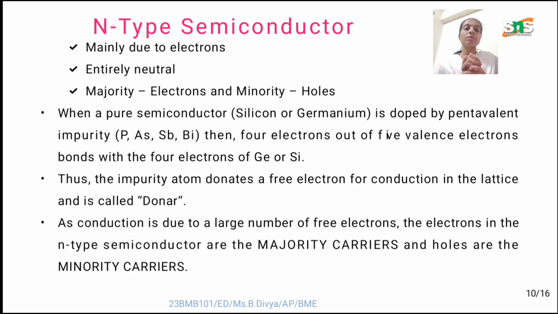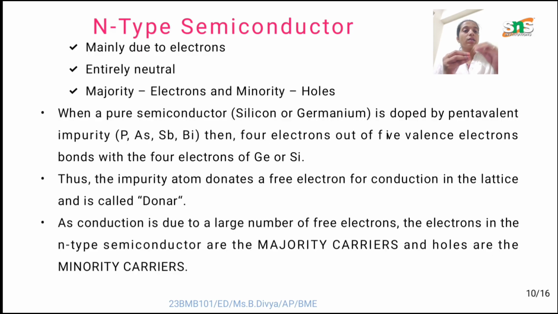When a pure semiconductor, that is germanium or silicon, is doped with pentavalent impurities, 4 electrons out of the 5 valence electrons bond with the 4 electrons of germanium or silicon. Germanium or silicon has 4 valence electrons, and a pentavalent doping impurity is added to it.